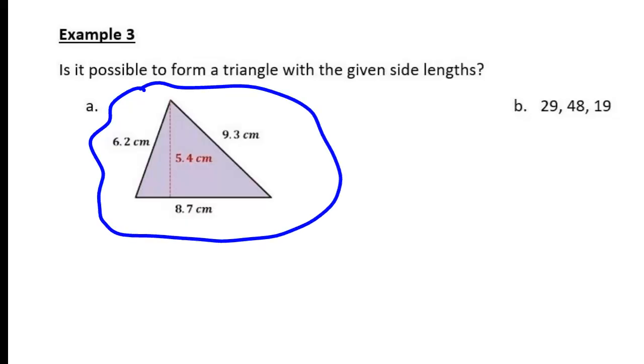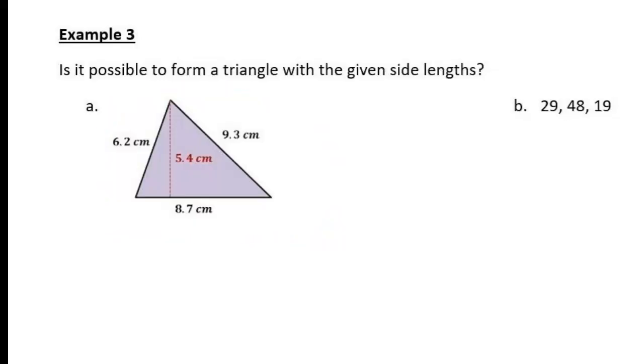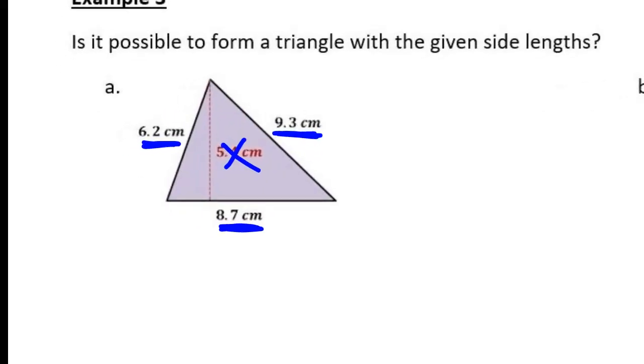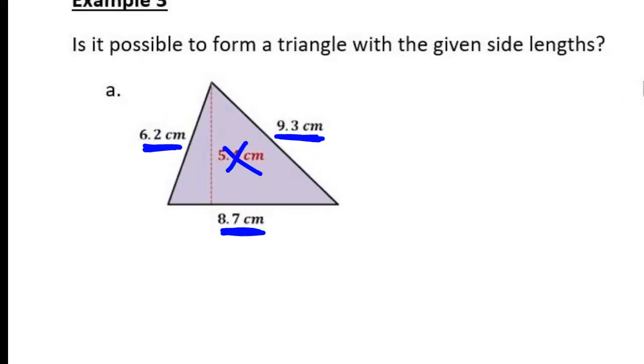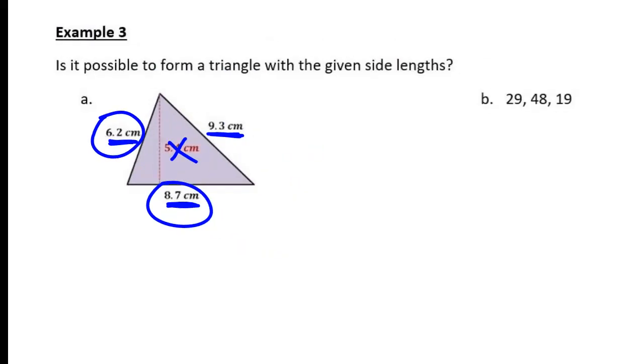So looking here at example 3, part A, here's my triangle. What are the 3 side lengths that we are going to be used to compare? 6.2, 8.7, and 9.3. They gave us this extra piece in the middle, but that's not a side of the triangle, so I'm totally going to ignore that. Which of those 2 sides are the smaller 2 sides? 6.2 and 8.7.